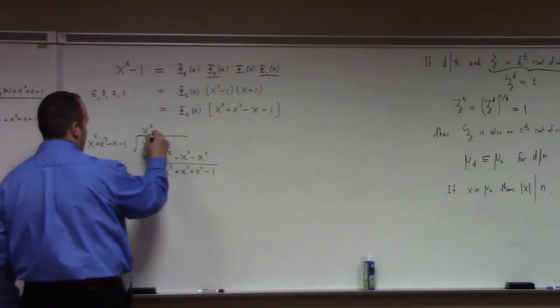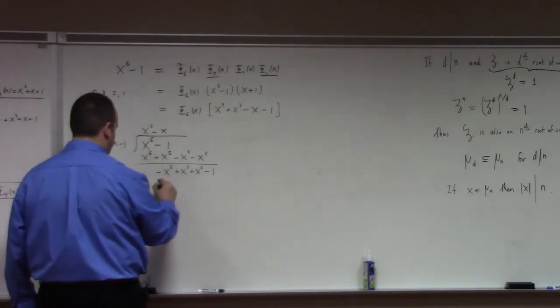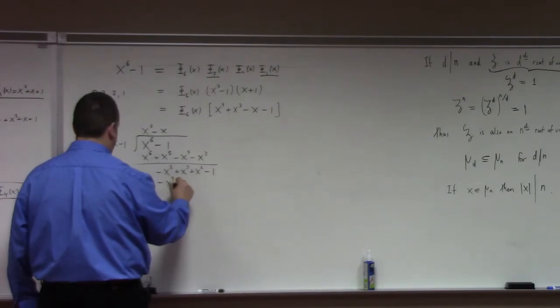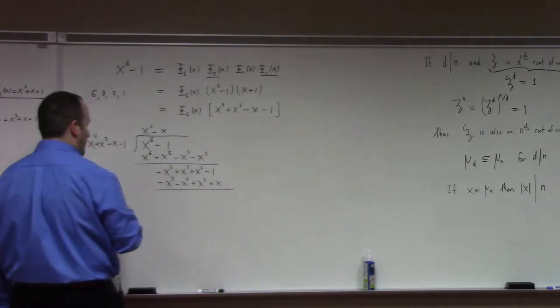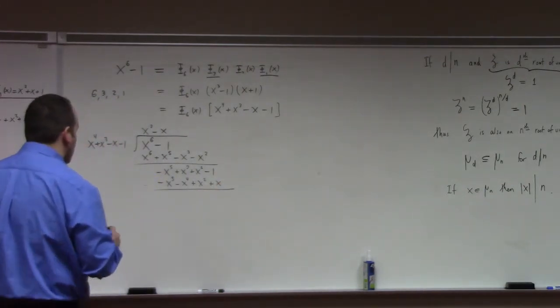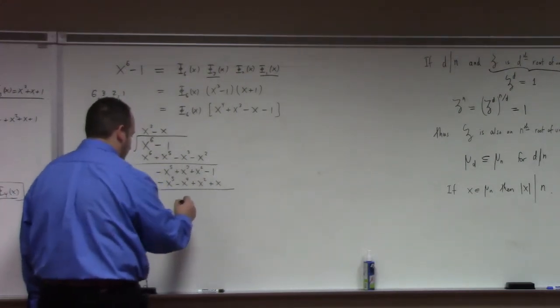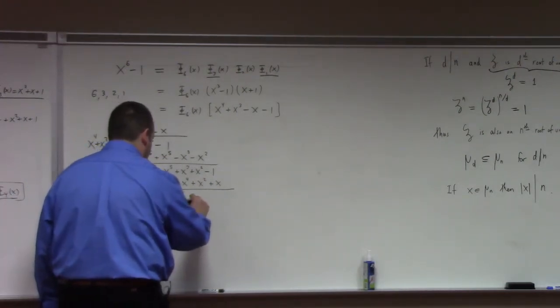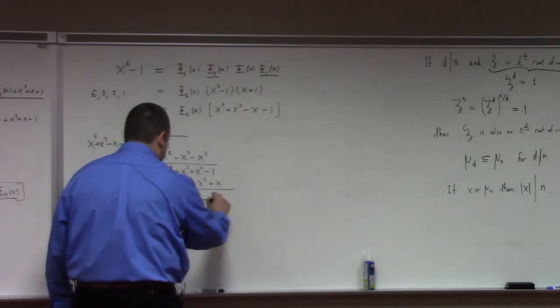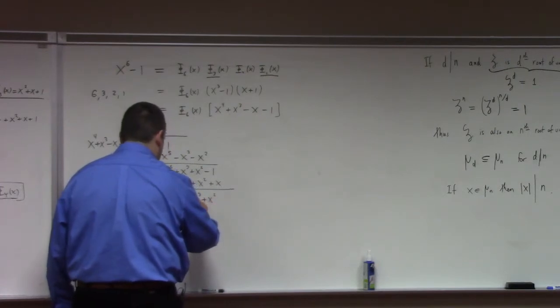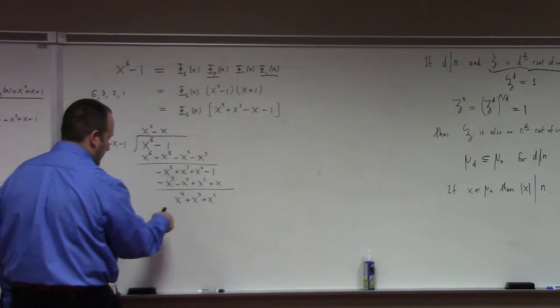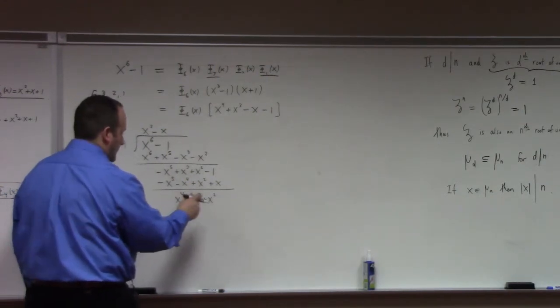I guess I do minus x, right? What did I do wrong? It looks like I get an x to the 4th plus x cubed plus x squared. Oh, the x squareds cancel, thank you. I didn't see it.